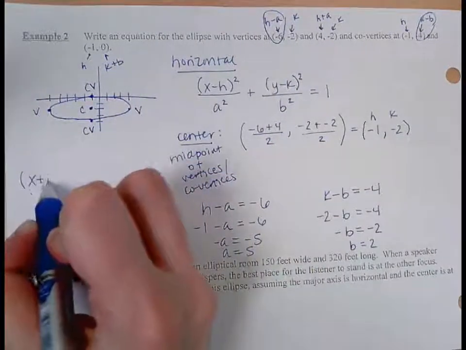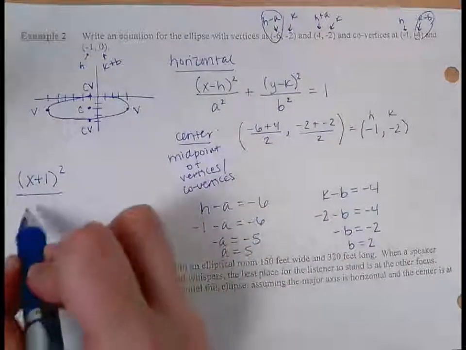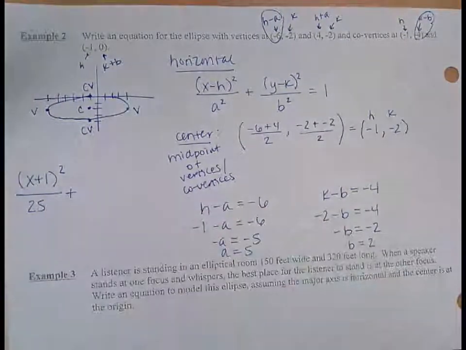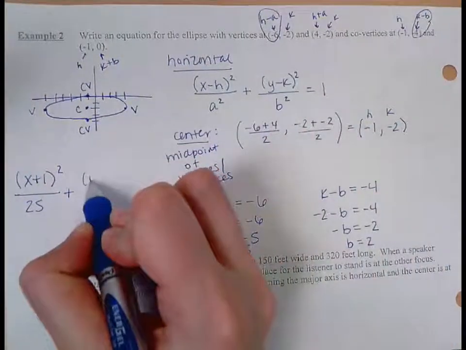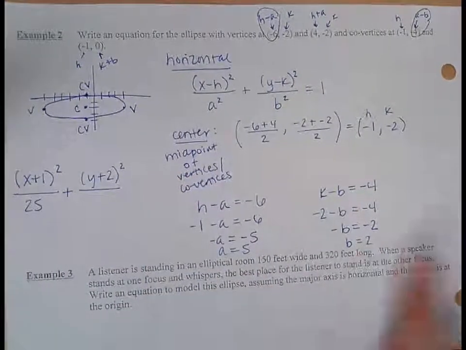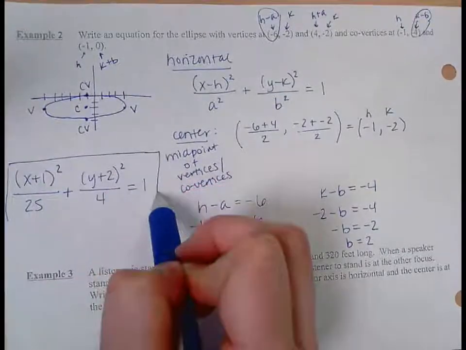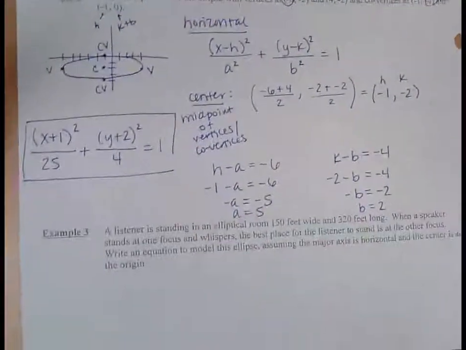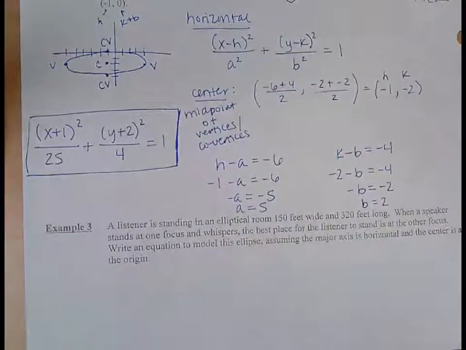So I have (x plus 1) quantity squared over a squared, 5 squared, which is 25, plus (y minus k), k is -2, so that'll be (y plus 2) quantity squared, over b squared, 2 squared, which is 4, and that's equal to 1. Any questions on that one?